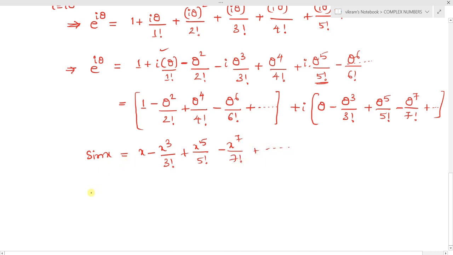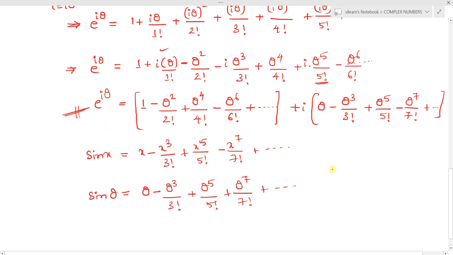If we replace x with θ, then we can write sin θ equals θ minus θ cube by 3 factorial plus θ power 5 by 5 factorial minus θ power 7 by 7 factorial and so on. So in the e power iθ expansion, the imaginary part can be written as sin θ.